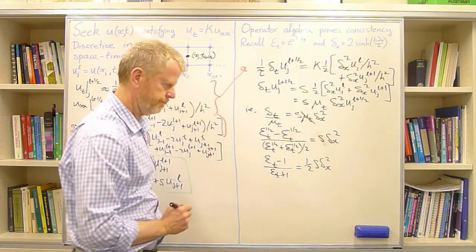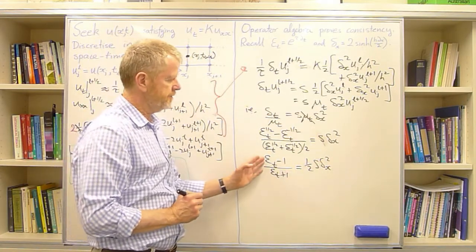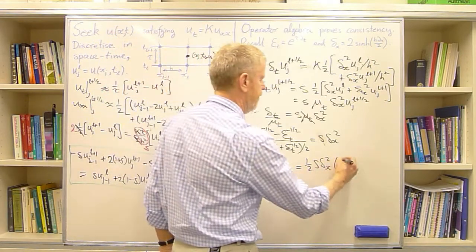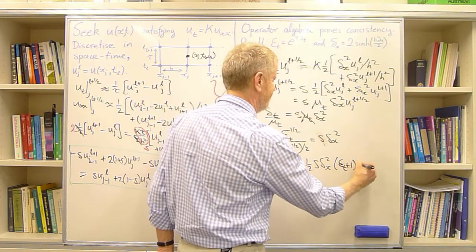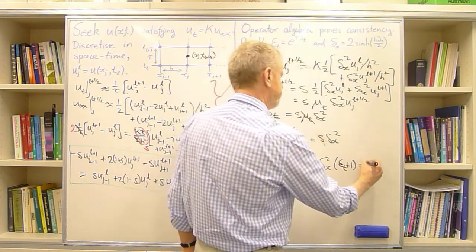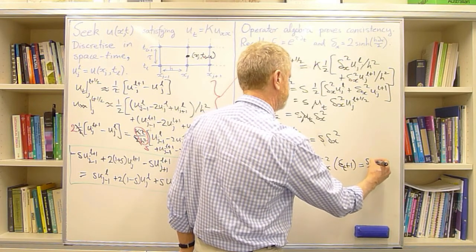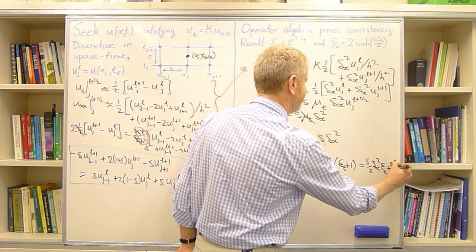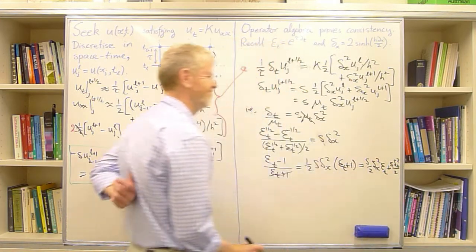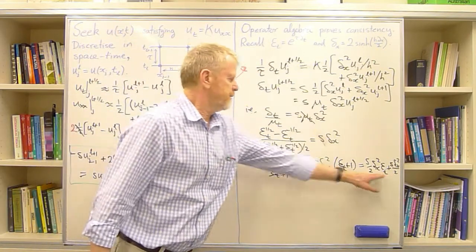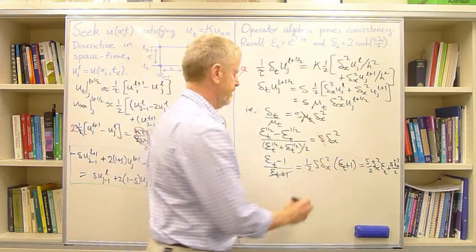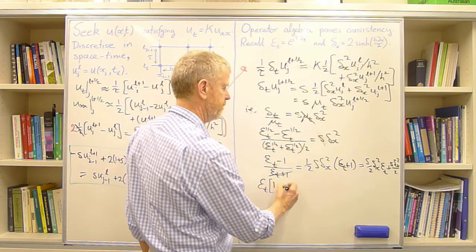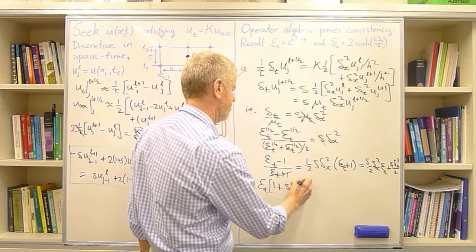It's an s. Now, rearrange this for the shift operator E_t. So multiply by E_t plus 1, and this is s over 2 delta x squared E_t plus s delta x squared over 2. Right, now move that E_t to the left and that minus 1 to the right, and the left-hand side becomes E_t into 1 minus s delta x squared on 2.